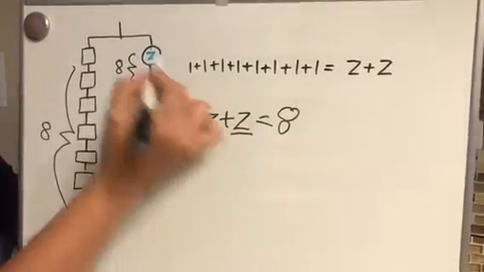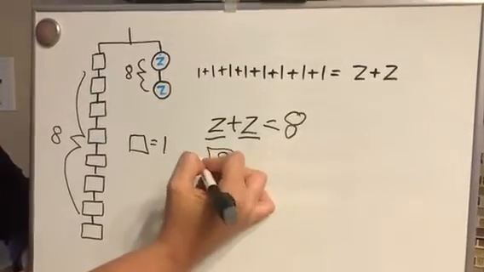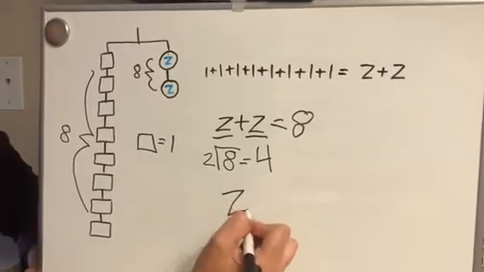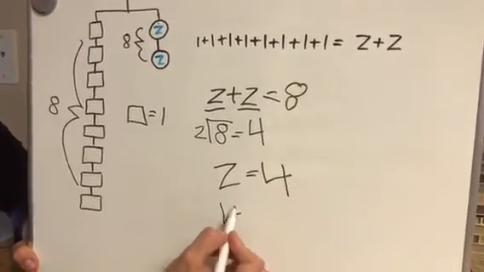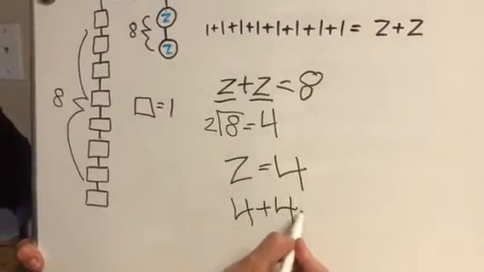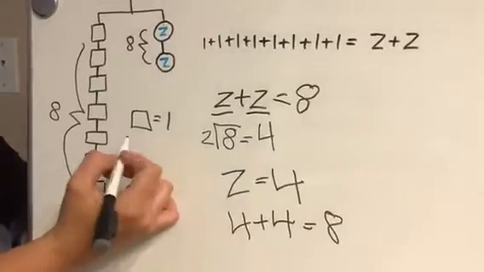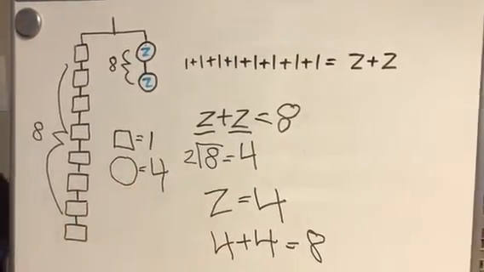A way that you can do that is we have two z's. We can take 8 and divide that by 2, and we'll end up with 4. So we know that z equals 4. And 4 plus 4, we get 8. So each square equals 8, each circle equals 4.